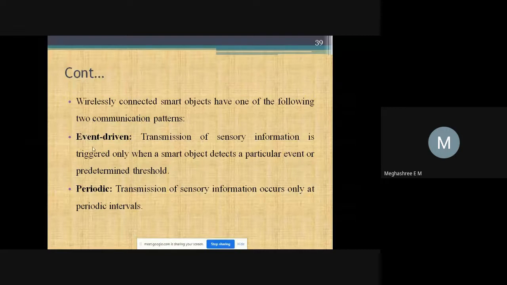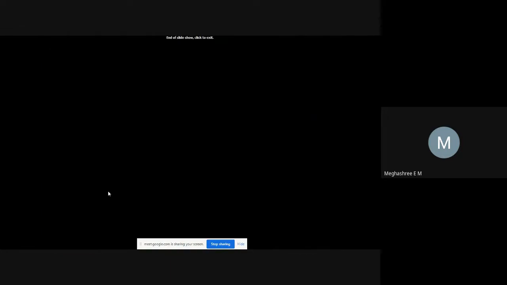That we call event driven. Periodic is, say, when I need to find out the temperature of a room at regular intervals, then that comes under the periodic communication pattern. These are the two communication patterns followed in wireless sensor networks if the smart objects are connected wirelessly.